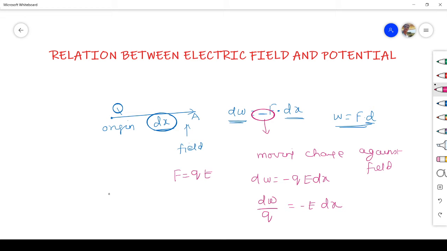We know what potential V is. Potential V is equal to work done per charge. So dw by Q is nothing but dV, right? Small work, small potential, right? So this is the reason V is equal to W by Q. We have studied that potential is equal to work done to move a charge from one point to another point. So dW by Q implies dV, right?